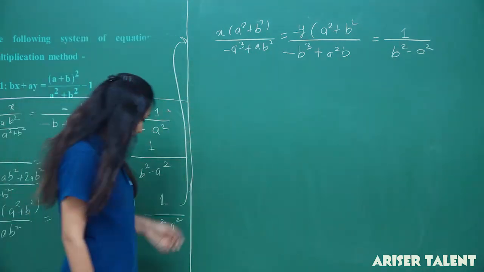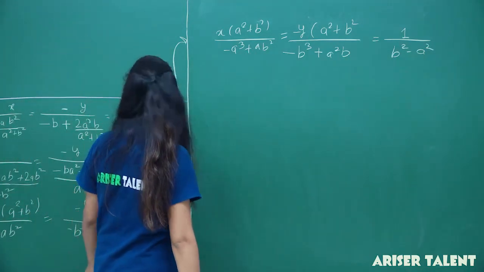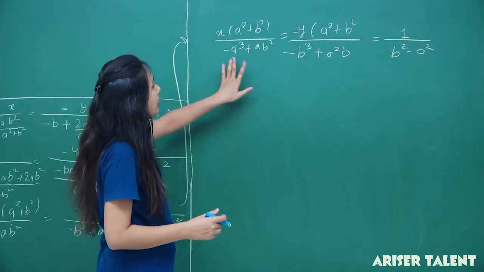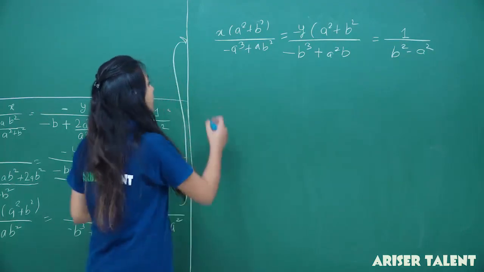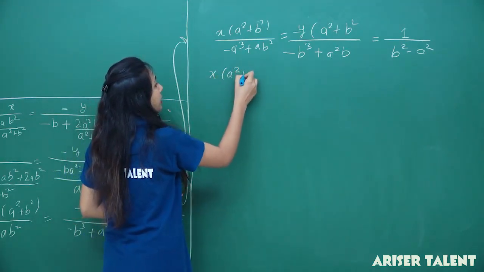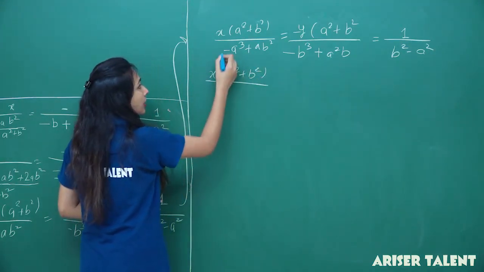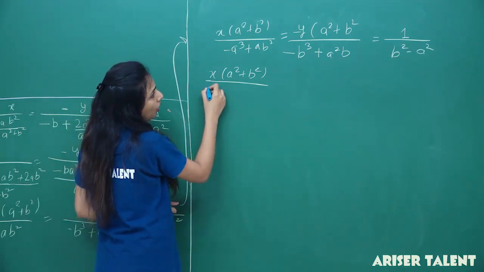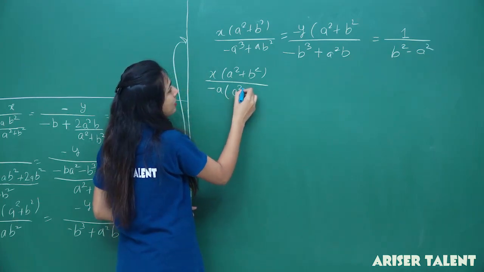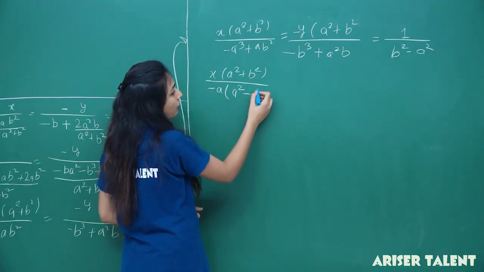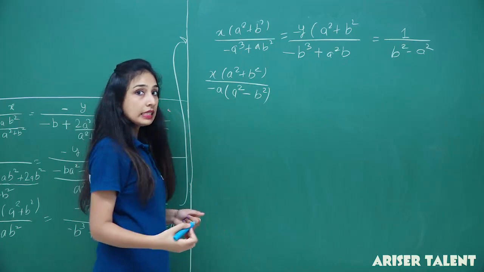Right. Now, what can I do? I can just simply take a common here and b common here. Okay. So, that will give me, right, minus of a, can I take this common? Okay. So, that will give me a square minus of b square, isn't it?